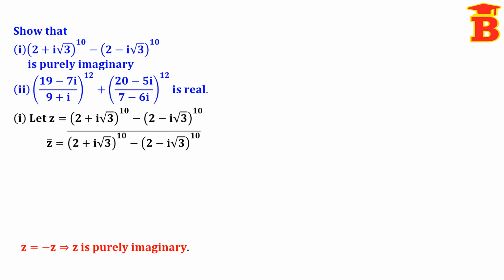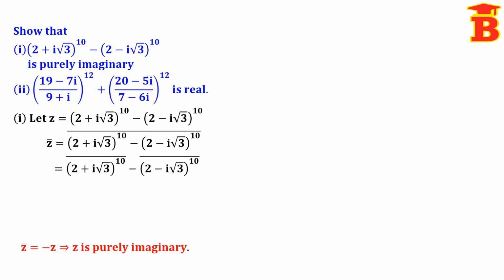So take Z bar equal to the given complex number Z. We have to take whole bar. And now using the property we can split the conjugate, that is equal to first complex number whole bar minus second complex number whole bar.